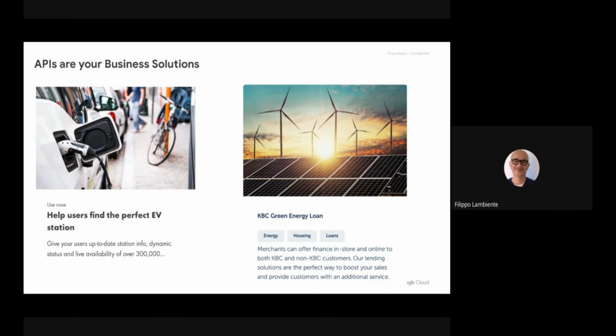If you look at some of the more innovative customers, they look at APIs not just as a technical component, but as a real business solution.